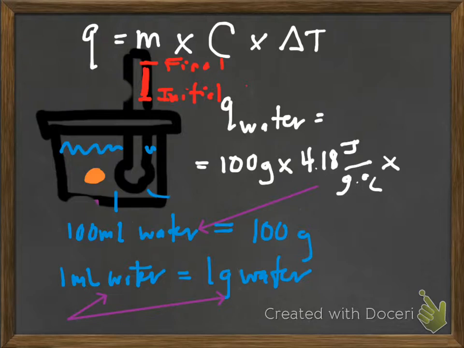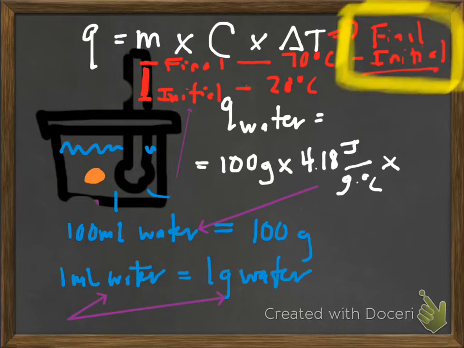Now the change in temperature, delta T, we registered on our thermometer right here, the initial and final temperature. To calculate delta T from now on, we are going to take final temperature minus initial temperature.